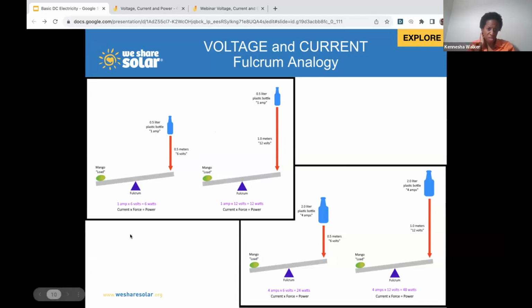I have not used the fulcrum analogy on the voltage and current. The way that I've broken it down is, because current is the word current, I get them to connect what is current based upon what they know, and current being like a stream of water or something like that.